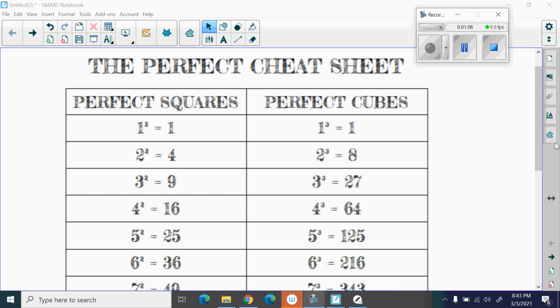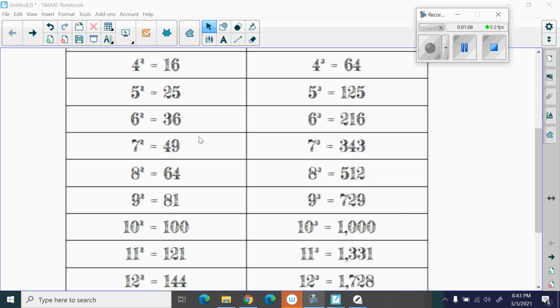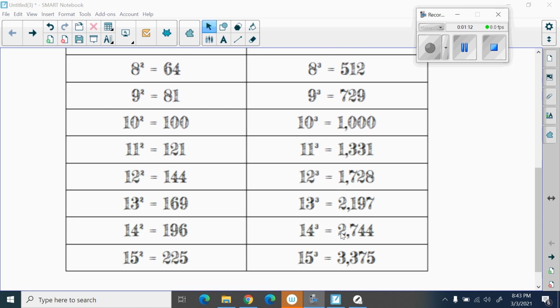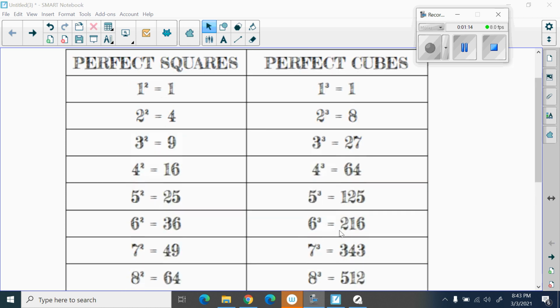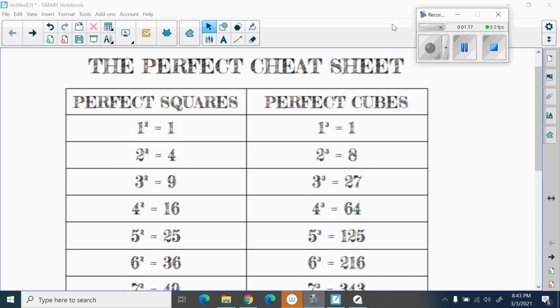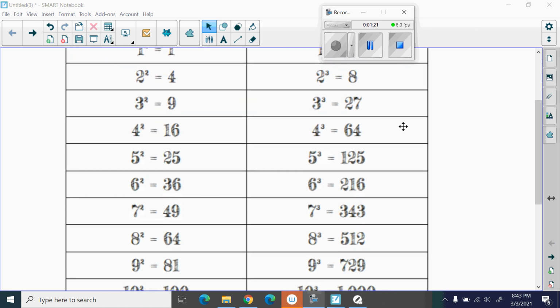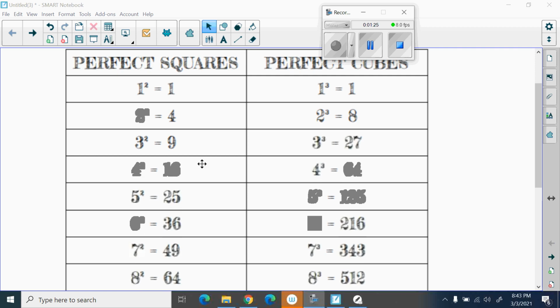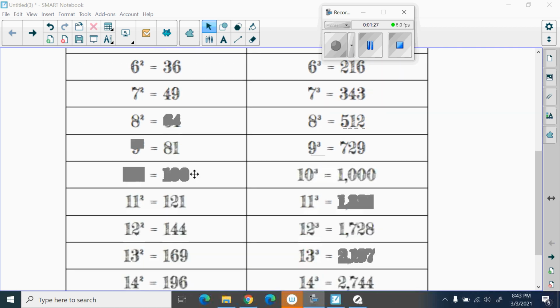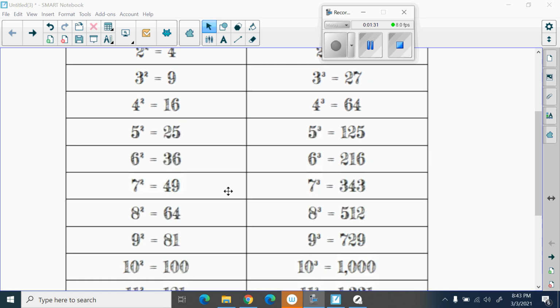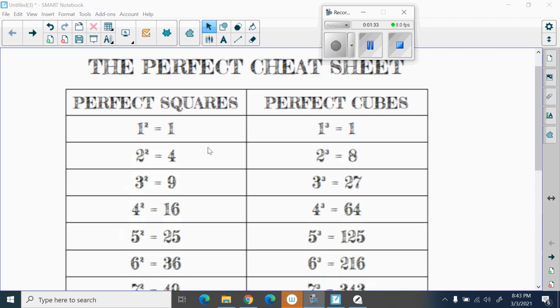So I started this out by creating a page where I listed as many perfect squares and perfect cubes as I could, because this is going to help me considerably when I go to reduce radicals. I'm going to show you a foolproof method for when you don't have to know these, but the more you get to know these, the better off you're going to be.